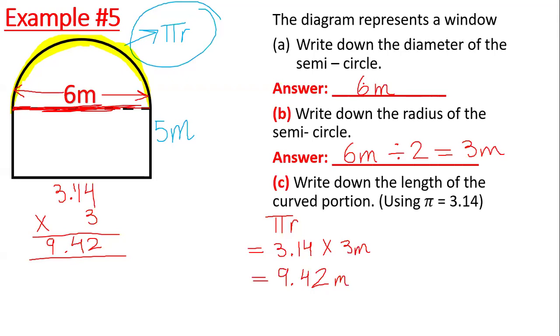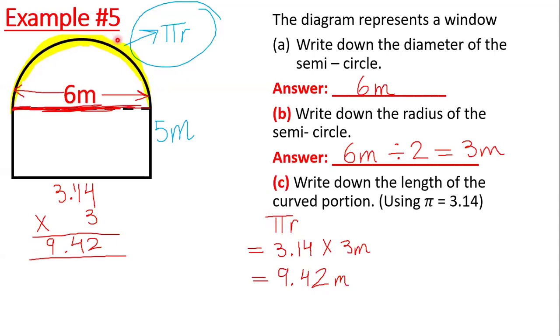All right. So the trick here is you only want to figure out part C, she said. Okay, so for part C, what we did, Ray, is we took pi, because pi is 3.14, and we multiplied by r, because they just want the length of this curved portion that's in yellow.